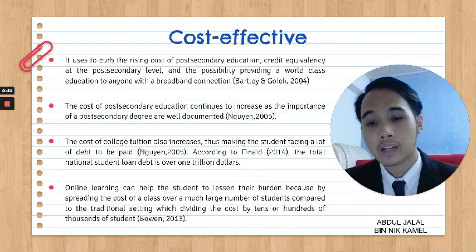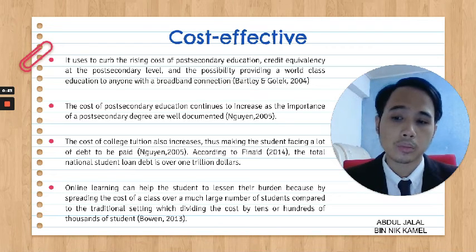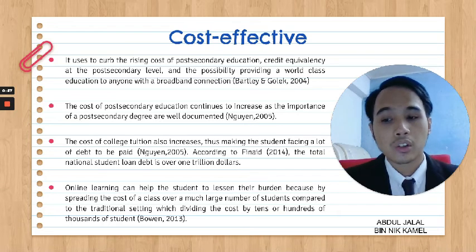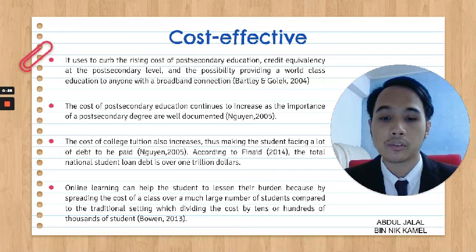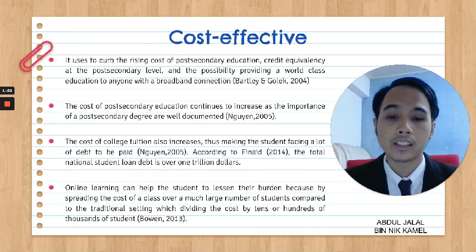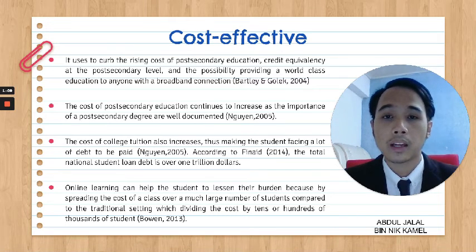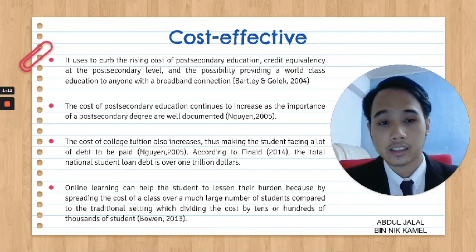Thus, online learning can help students lessen their burden by spreading the cost of a class over a much larger number of students compared to the traditional setting, which divides the cost among far fewer students. For example, nowadays students do not have to buy a lot of books like in traditional classes.